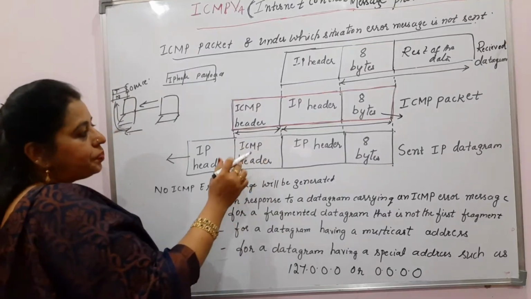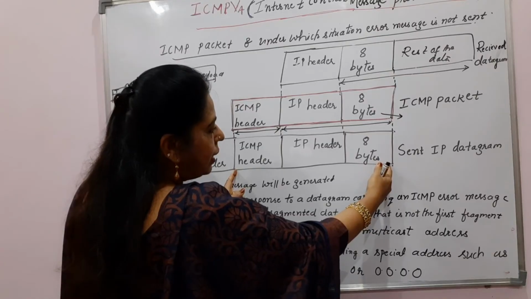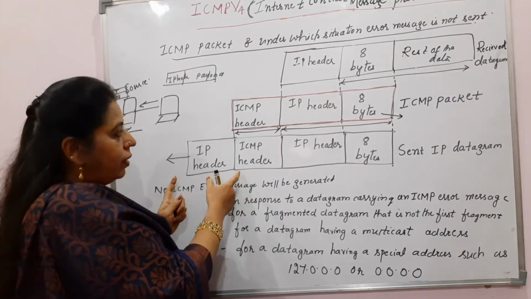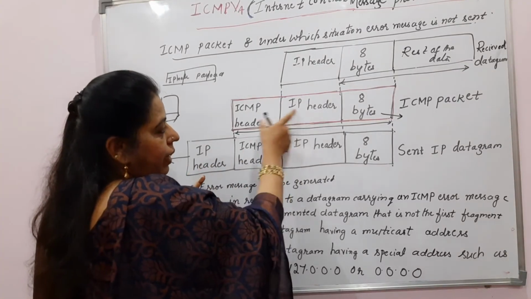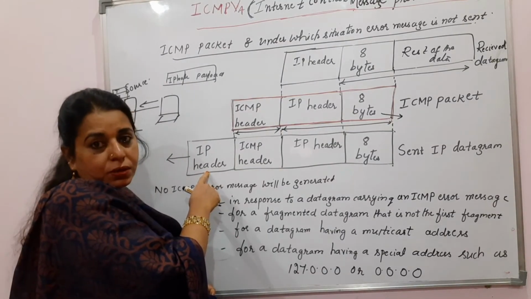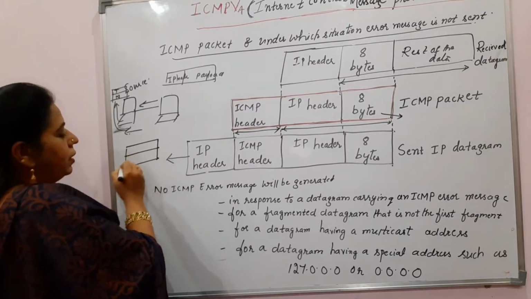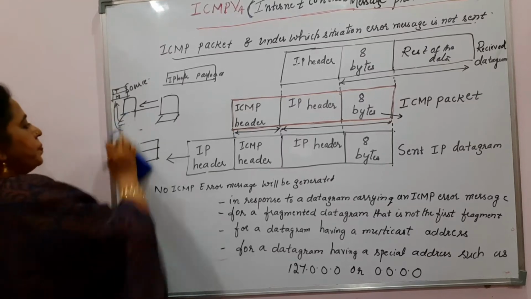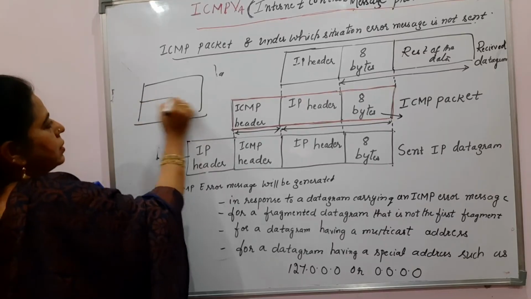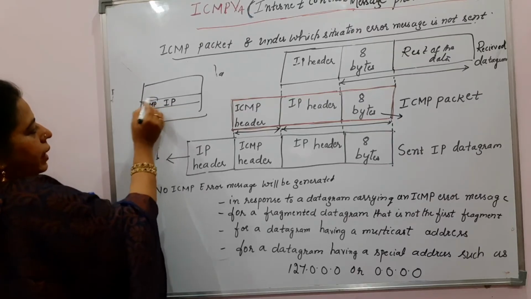Next, this ICMP packet is further encapsulated, because ICMP is using the IP protocol. The ICMP packet is completely encapsulated here, and that's why the IP header is used. Let us assume this is the network layer, where the IP protocol was there and the companion to IP is ICMP.